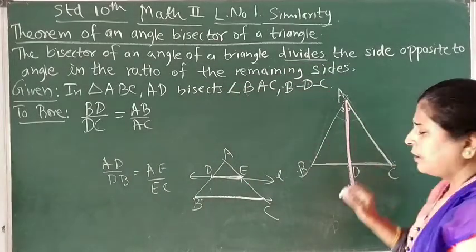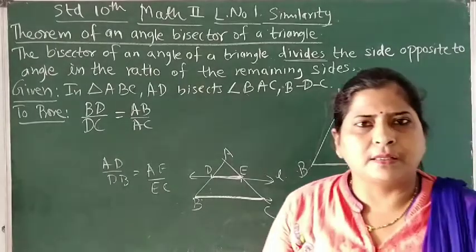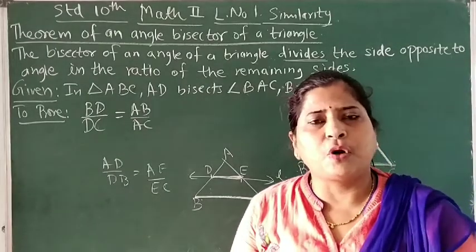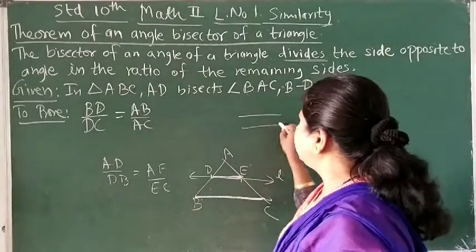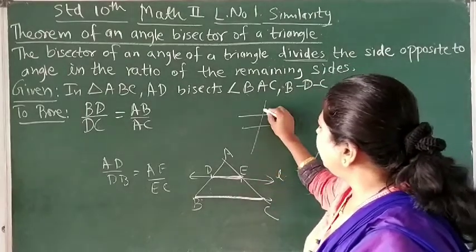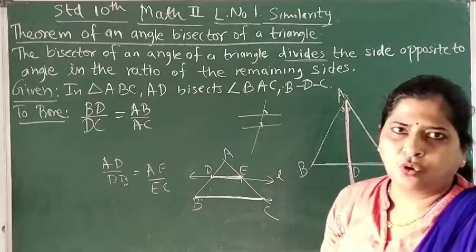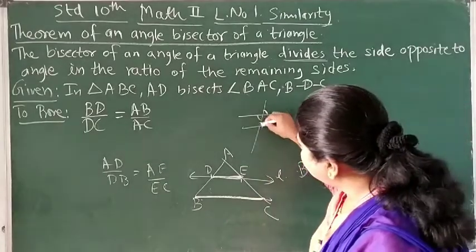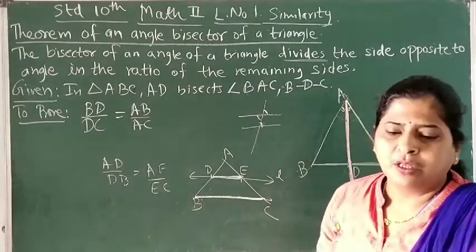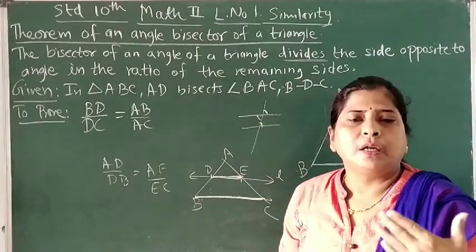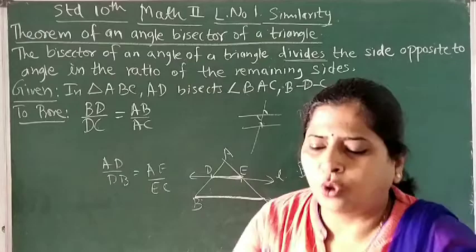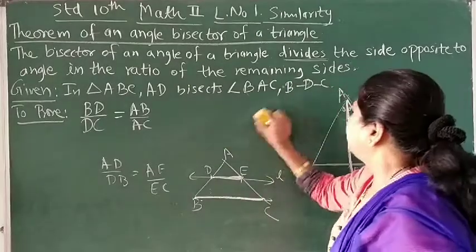Now we know the test of parallels, and we can use that test for drawing parallel lines. When two lines are intersected by a transversal, the corresponding angles are congruent, or the alternate angles are also congruent. So using either corresponding angles congruent or alternate angles congruent, we can draw a line parallel to AD in this figure.